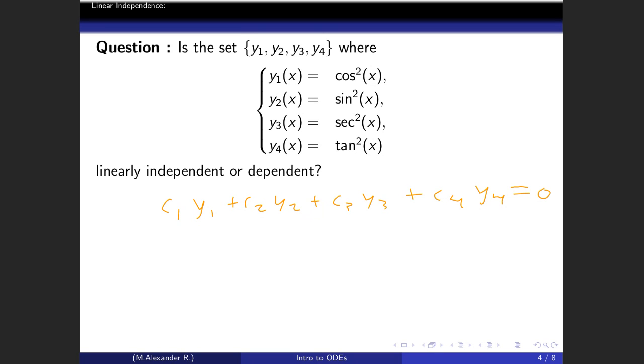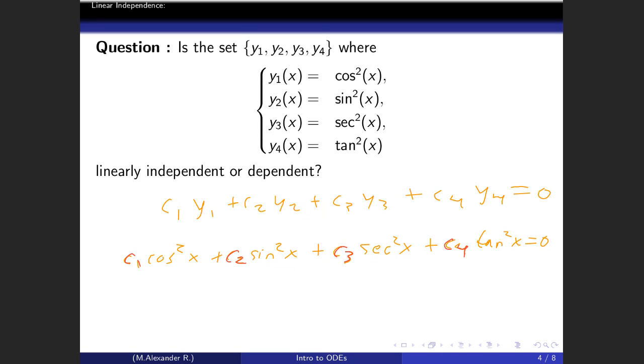Let me write down the functions we have here: c1 cosine square of x plus c2 sine square of x plus c3 secant square of x plus c4 tangent square of x is equal to 0. This is the linear combination of the 4 functions given to us. The question I want to ask is: can you choose specific values for c1, c2, c3, and c4 such that the entire thing will be equal to 0?